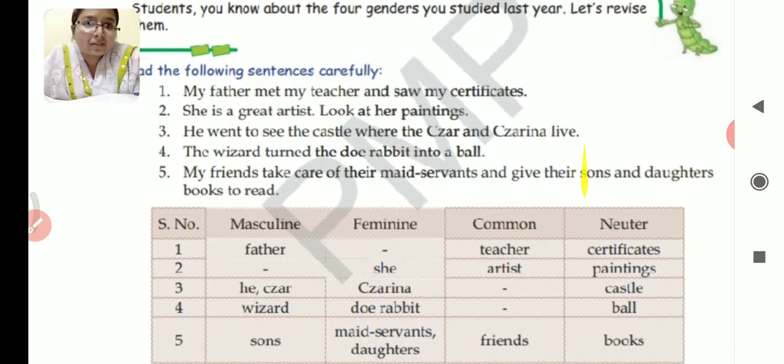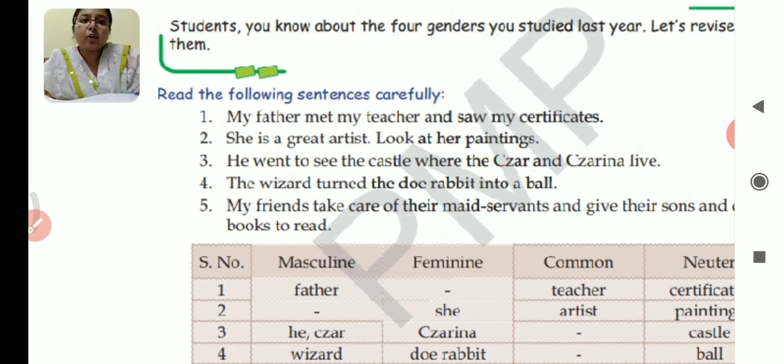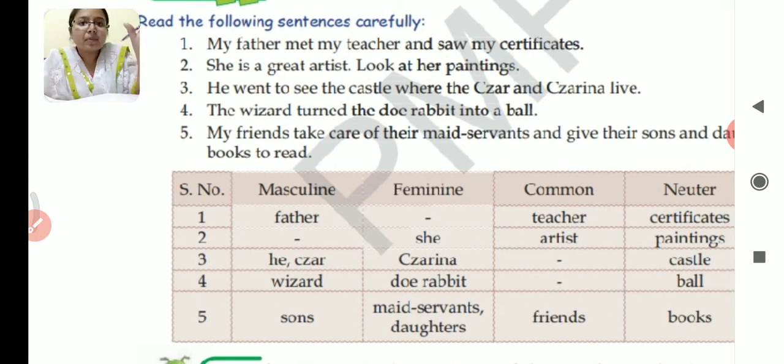Now let's see some sentences. Read the following sentences carefully. My father met my teacher and saw my certificates. In this sentence, different types of genders are given and you have to identify which word is of which gender.